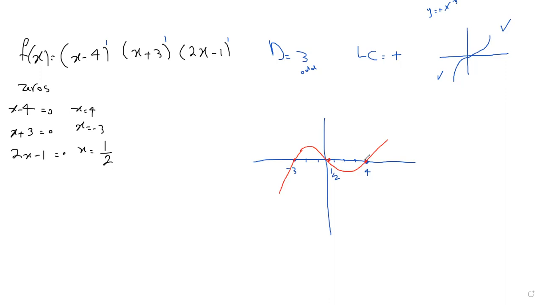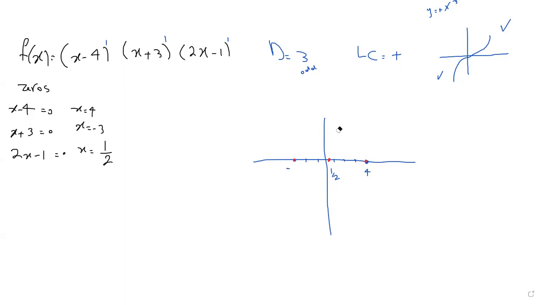All right. For a better approximation of this graph, if I put 0 here, negative 4 multiplied by 3 is negative 12, multiplied by negative 1 is positive 12.